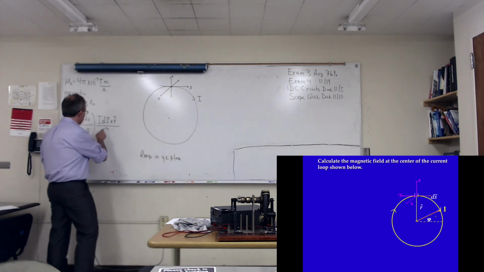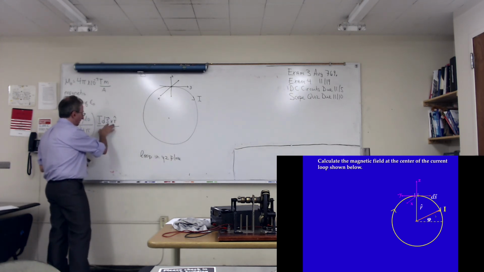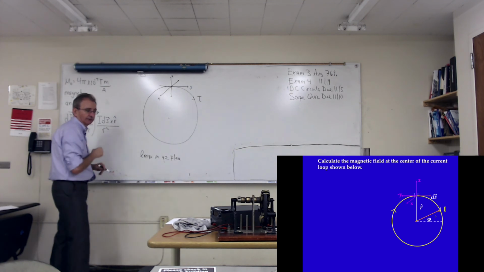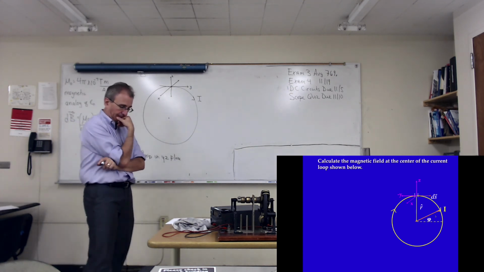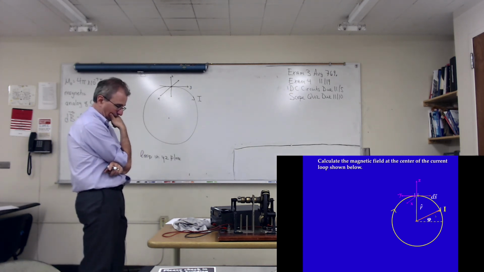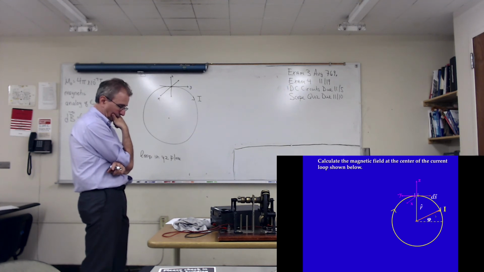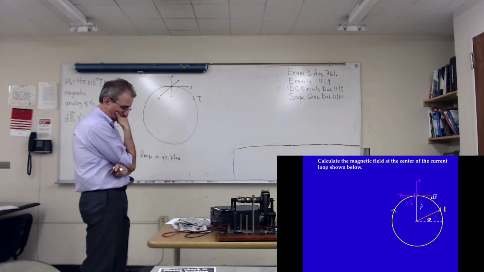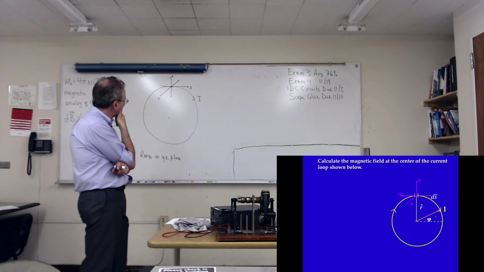And I need to determine this guy, and this guy, take the cross product and integrate. How do I write my ds?